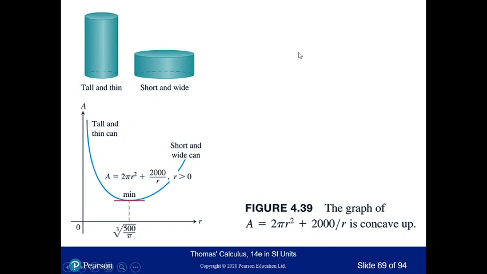Instead of h, I am going to write 1000 over pi r squared, and we have some r squared cancelled here, and at the end we have this 2000 over r left, because 2 pi r times 1000 over pi r squared is going to give us, pi r's are going to cancel, and we have 2 times 1000, which is going to give us 2000, and then there's r left in the denominator.